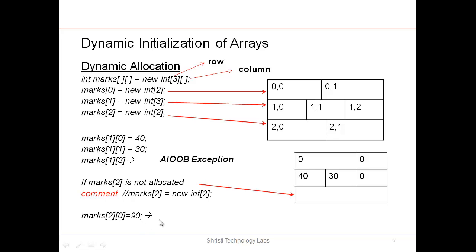What will happen? What will be the output? Will it be 0 or null, or will it give a compiler error, or will it throw an exception? It will throw an exception. It is going to throw null pointer exception because you are trying to allocate value for a null allocation. You have not even allocated memory, but you are trying to give value, so it will throw null pointer exception.